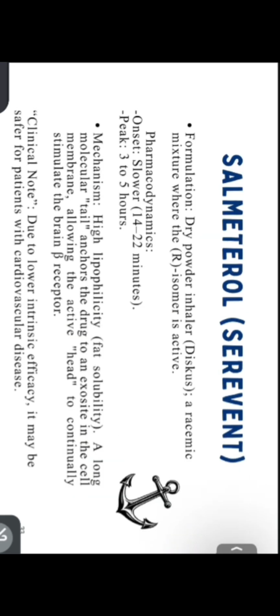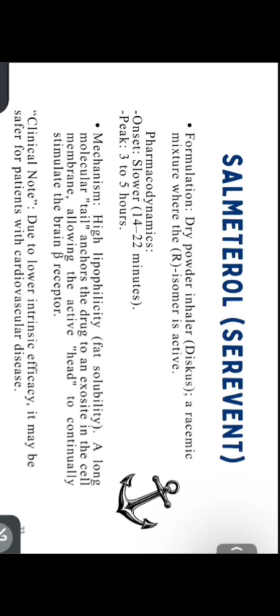So now we have salmeterol or your Serevent. So its formulation is in the form of a dry powder inhaler or Diskus and a racemic mixture where the R isomer is active. So its pharmacodynamics, or what it does to the body: its onset is slower, at 14 to 22 minutes, and peak is 3 to 5 hours.